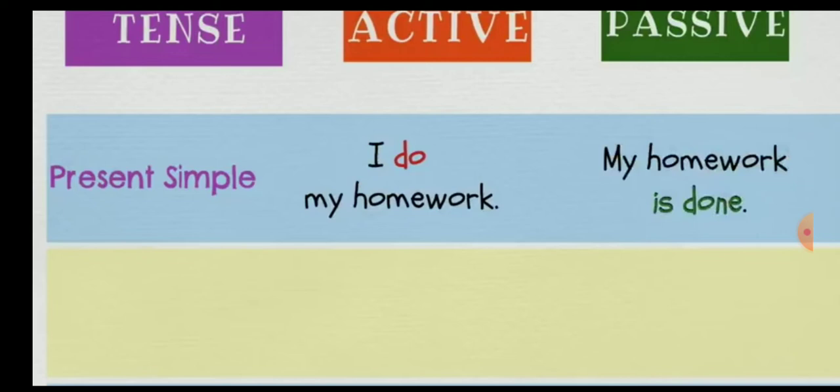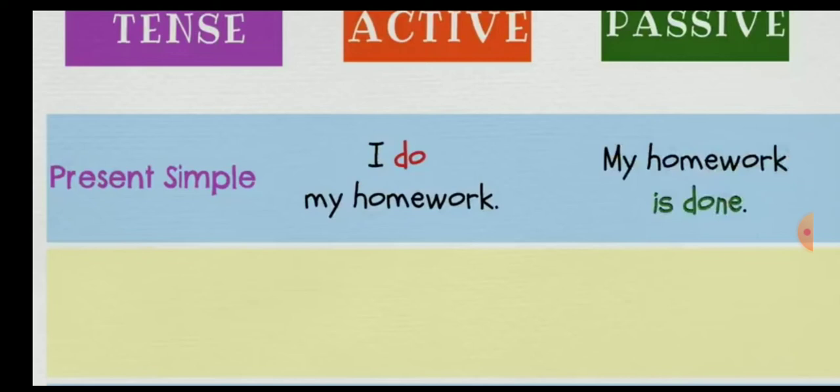But in some cases, we don't use by. If the subject in the active voice sentence is unknown or unimportant or obvious, by plus object is omitted from the sentence. In this sentence, I do my homework, here he himself is doing his homework. Then there is no need to tell who is doing whose homework.